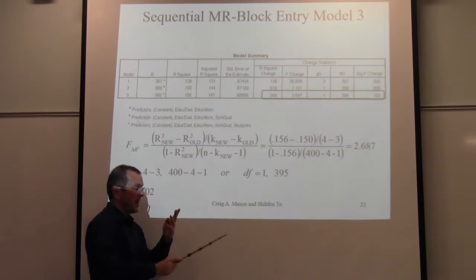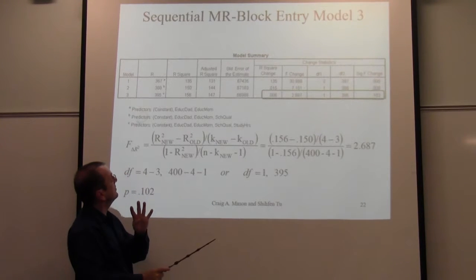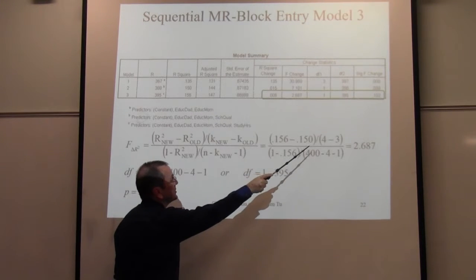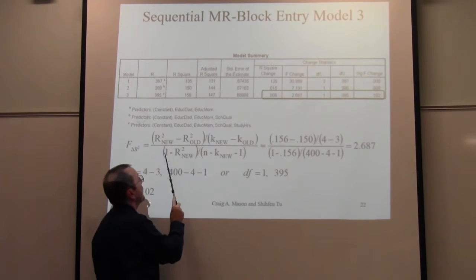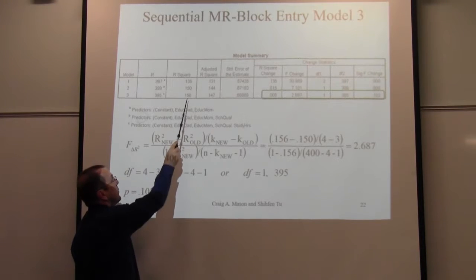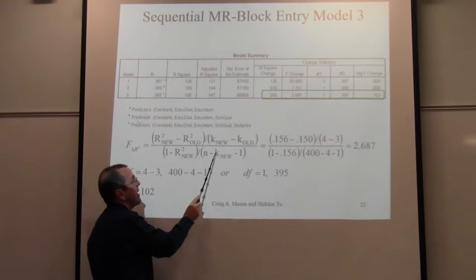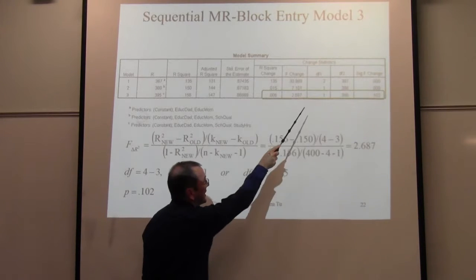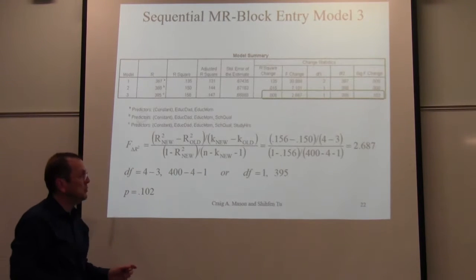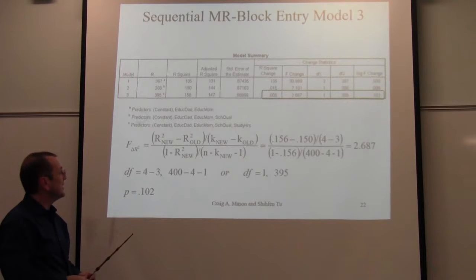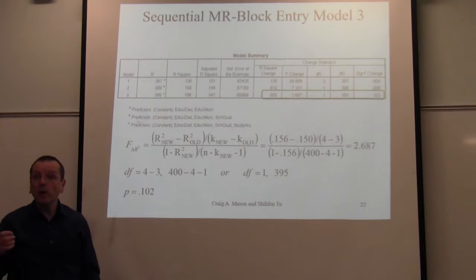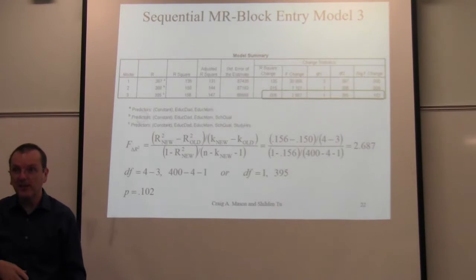K new is now 4 variables, minus k old, 3, divided by 1 minus r squared new, 0.156, divided by n minus k new minus 1. 400 minus 4 minus 1 gives us an F of 2.687. The degrees of freedom are 1 and 395. P is 0.102, so that's not significant at all.